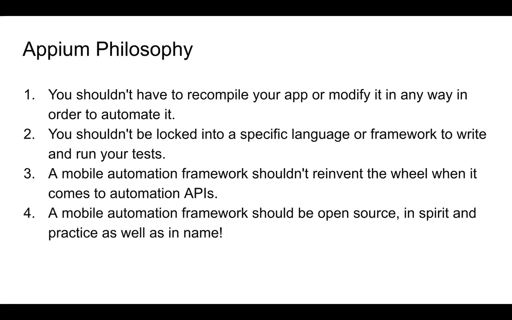Suppose you want to go with Dart, or something that is not available, you can write your own set of REST API calls to automate that application. So it's not locked into any specific language or framework, so you can create it on your own.